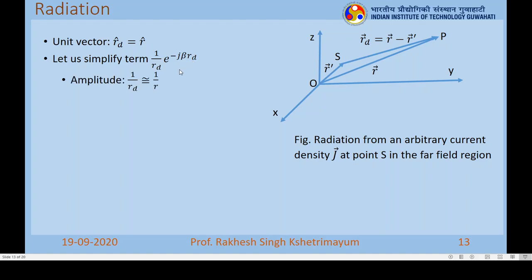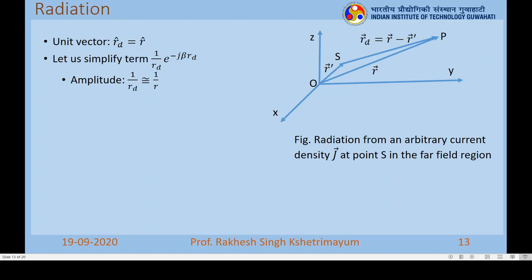So what happens to this term? For the amplitude term, since you are at a very far away distance, 1 by RD will be approximately 1 by R. But for the phase term, you need to also consider one more term. You cannot just simply write this as exponential minus j beta r. The contribution from the RDS portion is also not negligible because phase is varying from 0 to pi, but r is varying from 0 to infinity.